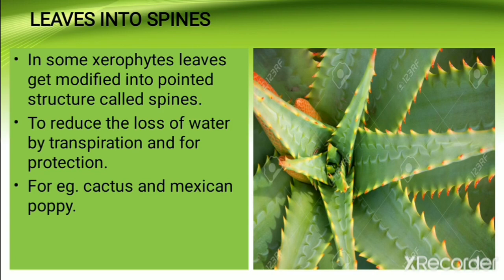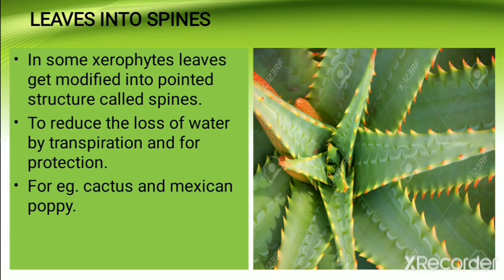Because on the leaves we all know that stomata are present, and through the stomata the water gets evaporated and the loss of water happens. But in the xerophytic condition there is already a scarcity of water, and they don't want the water from their body to get lost.